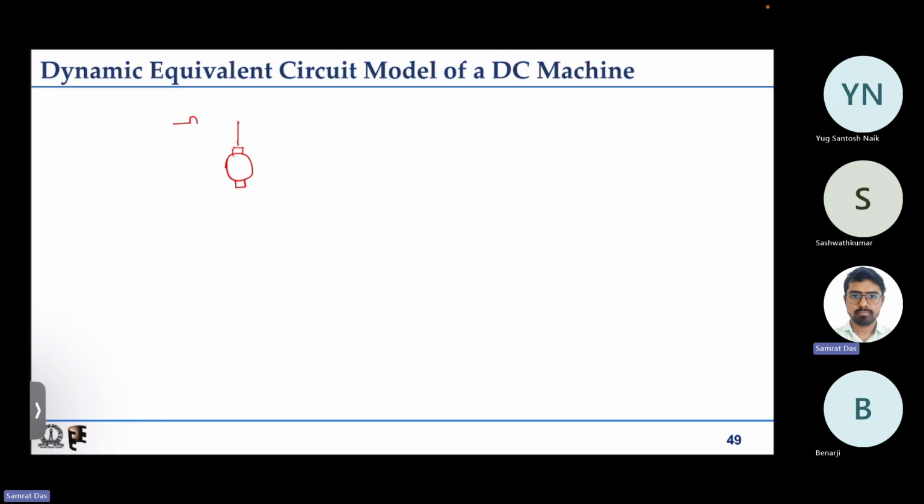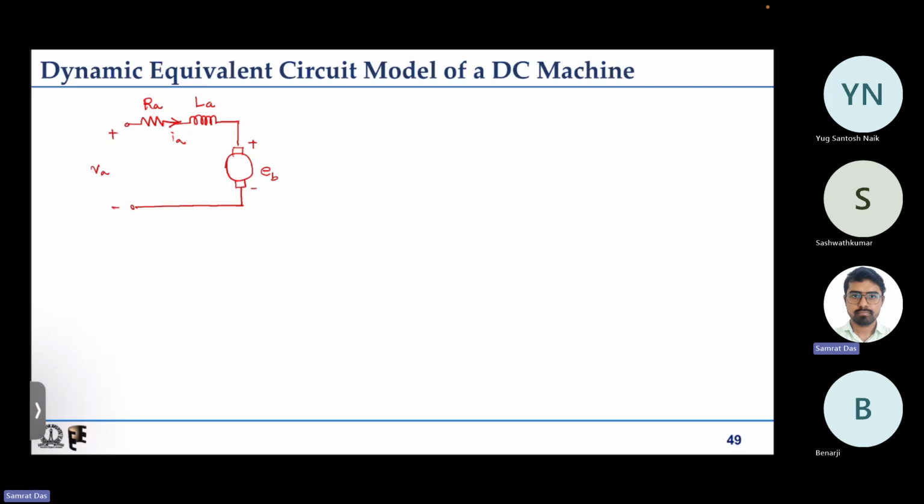The steady state equivalent circuit will only include the armature resistance, but it will also have the armature inductance because it's a dynamic equivalent circuit. We have the armature resistance as well. So this is our armature circuit where we apply some external voltage input, VA, and some current will flow because of that, and there will be some induced EMF, let us say EB.